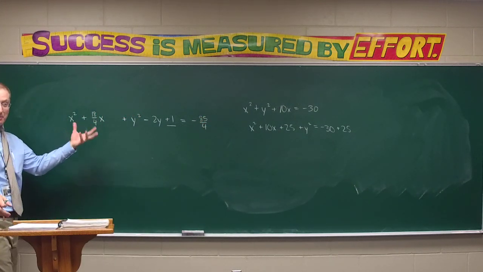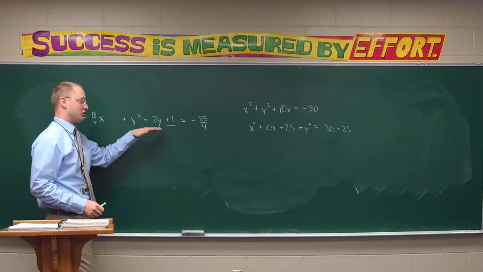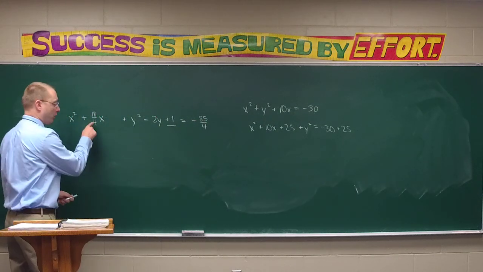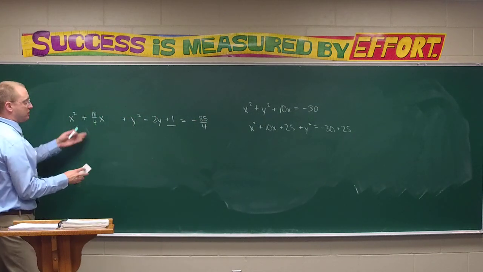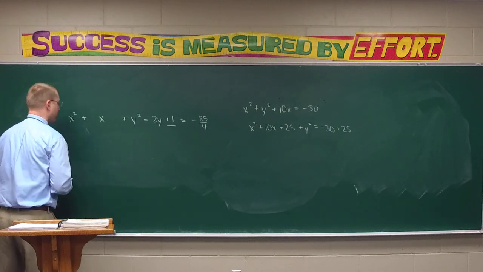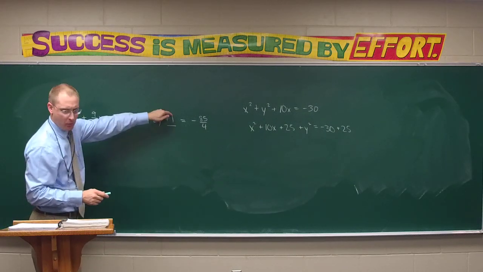He will try to do lots of steps at once, which is admirable. X squared plus 18 over 4 x plus y squared minus 2y equals negative 85 fourths. He went ahead and completed this square. Before we complete this square, let's reduce it down a little: 9 halves. Now remember, we take half and then we square.